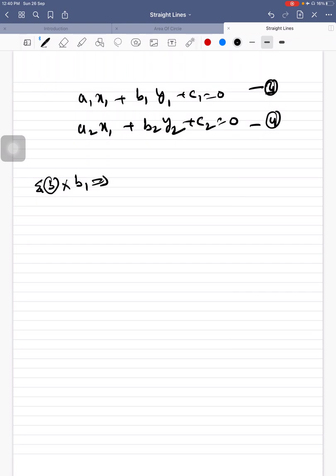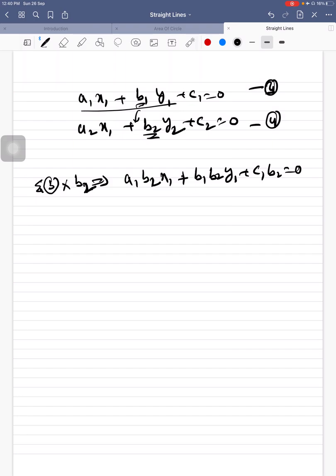Equation 3 into b2 gives a1 b2 x1 plus b1 b2 y1 plus c1 b2 equal to 0.